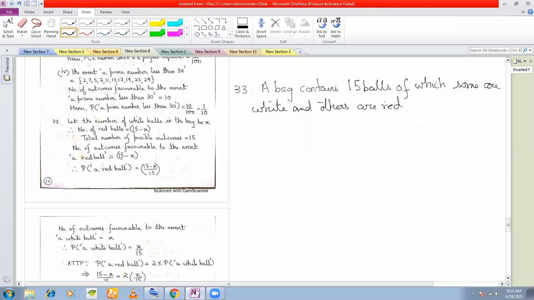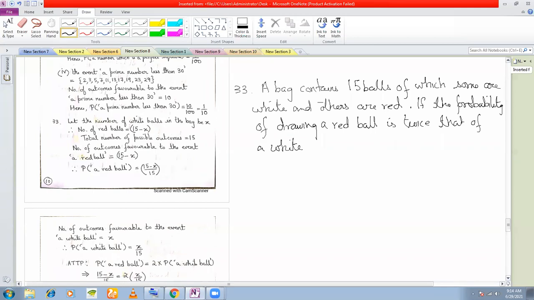If the probability of drawing a red ball is twice that of a white ball, find the number of white balls in the bag.